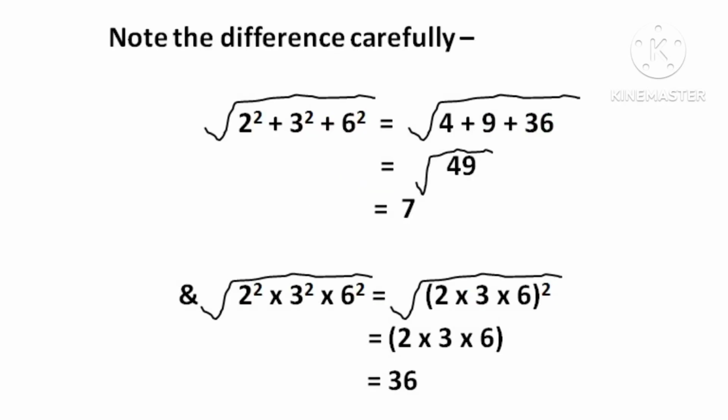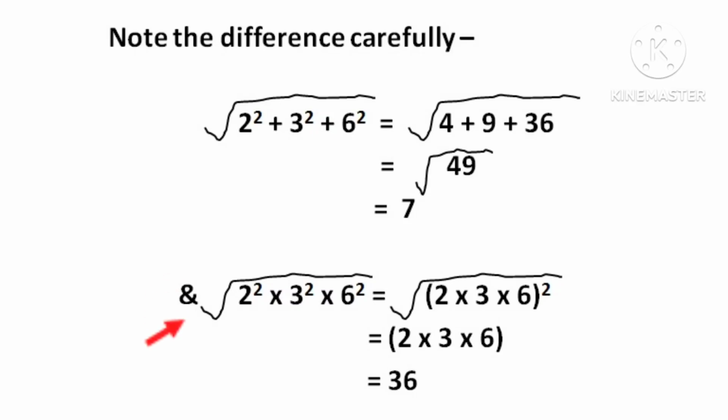Note the difference. Square root of 2 square plus 3 square plus 6 square equals square root of 4 plus 9 plus 36, that is square root of 49 equal to 7.